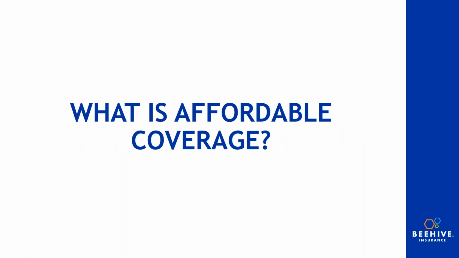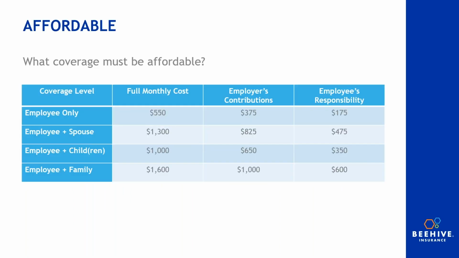So as we're jumping into affordable coverage, we also need to recognize that there are lots of different costs. When we're talking about affordability, we're obviously talking about the cost, but which cost must be affordable? Because we have the full monthly cost, we have what the employer is paying, and we have what the employee is paying, and then we have all the different coverage levels.